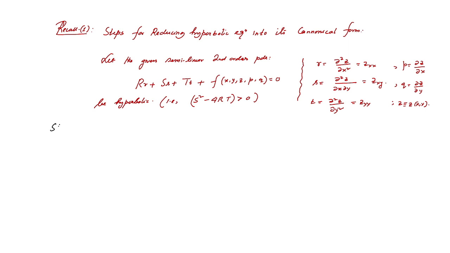So here step 1, what we will do, we will find out two characteristic roots of the equation R lambda square plus S lambda plus T equals to 0.